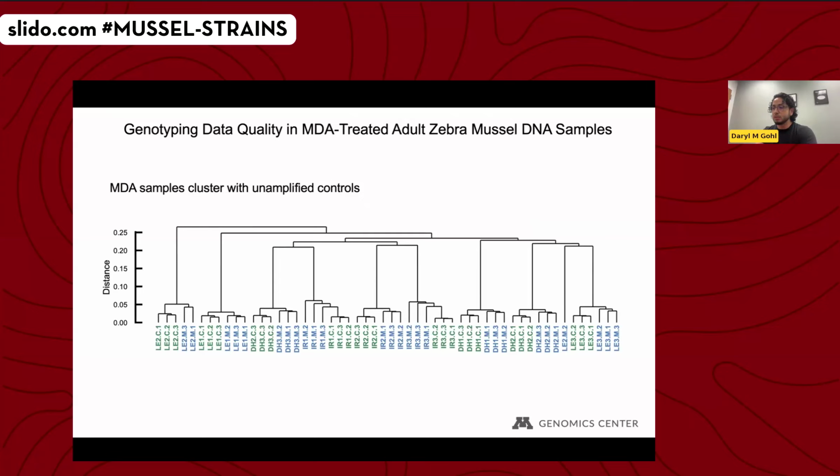And our MDA samples, marked in blue here, form compact clusters with their corresponding controls, and were assigned to the right source population. So taking into account our whole genome sequencing and this data from diluted DNA, MDA seems to be a promising tool for low biomass samples.